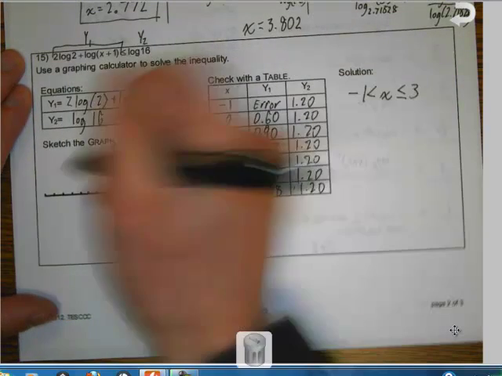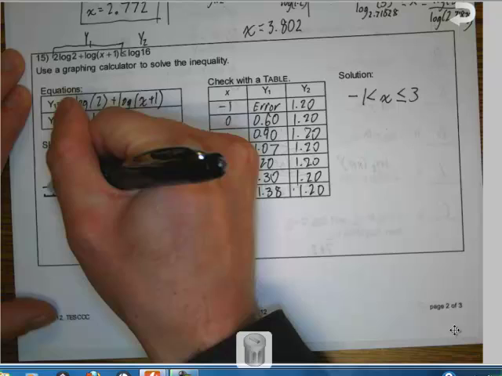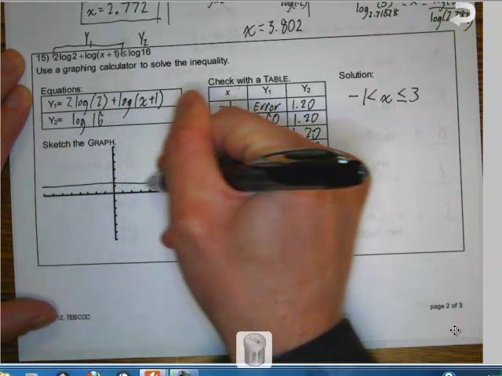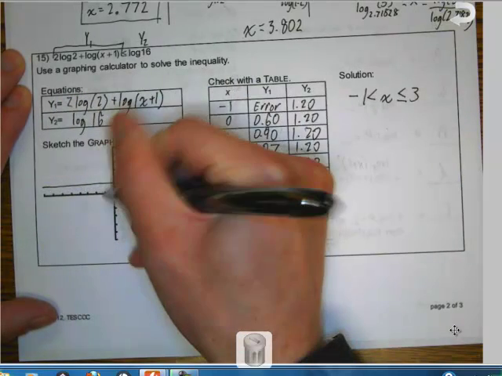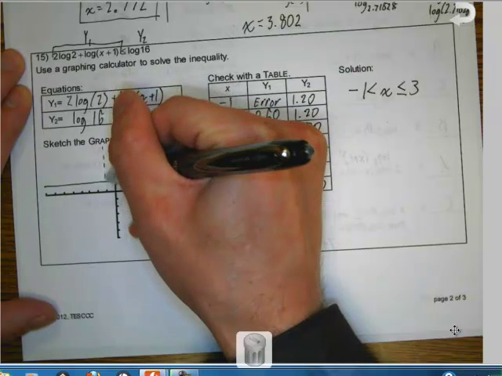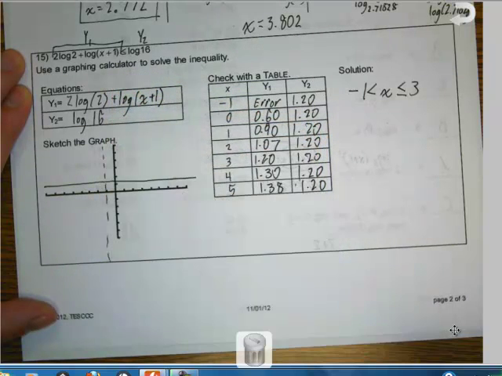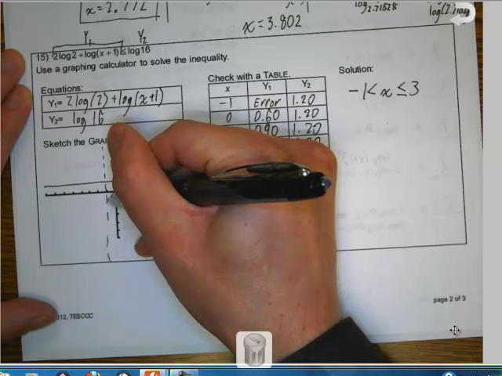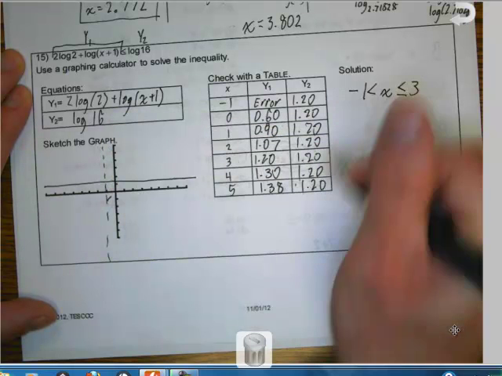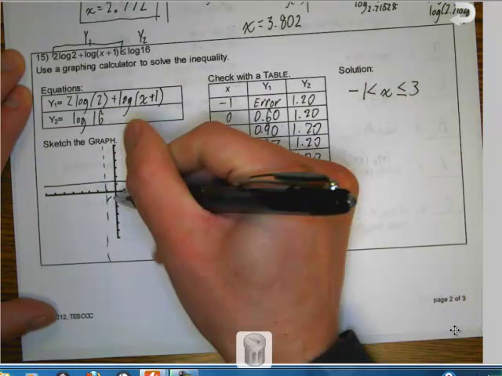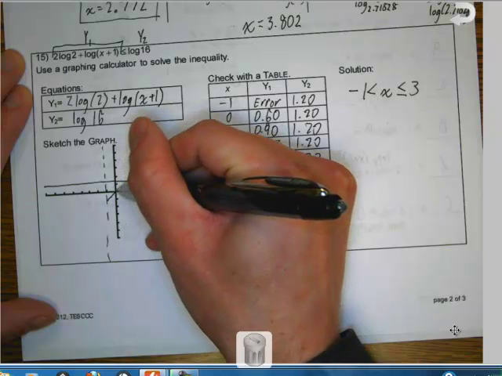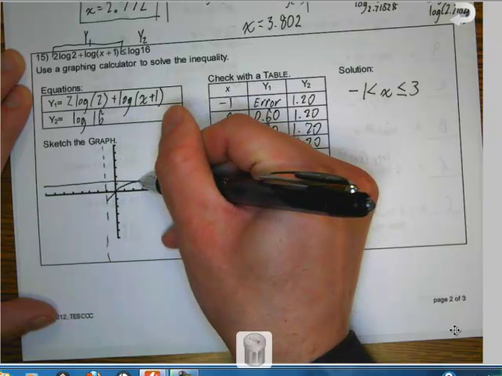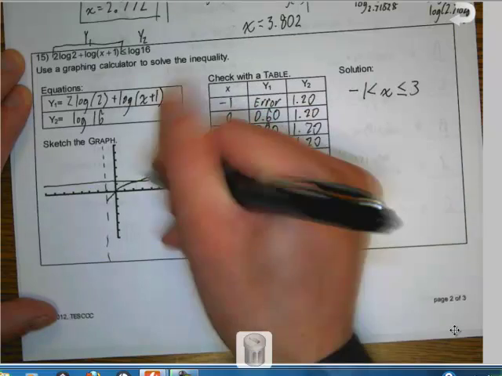So 1.2 is about there. And at -1, you have a vertical asymptote, and it's about there, and it just keeps going, and then there's your point of intersection, and there you go.